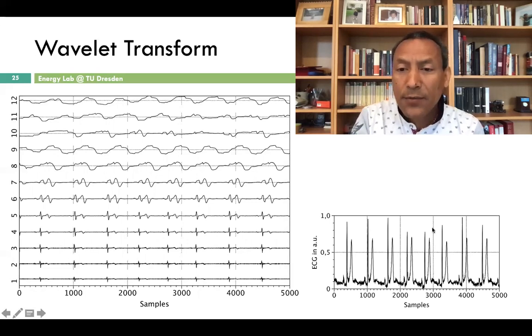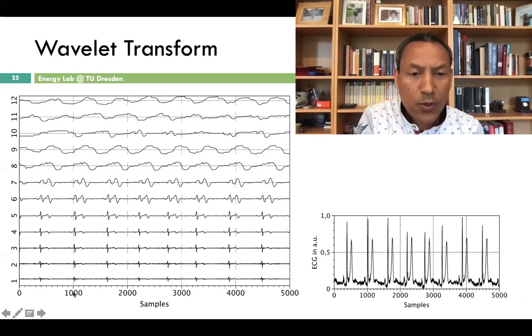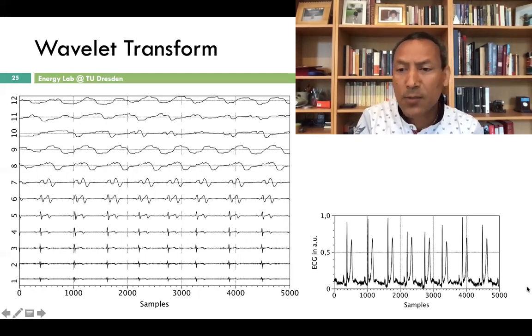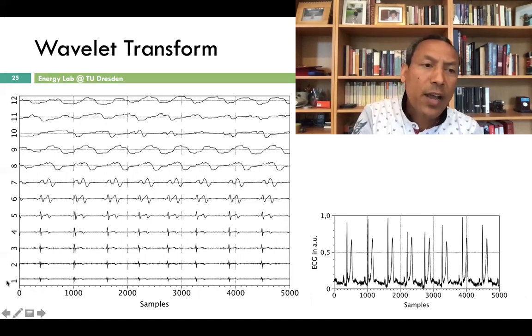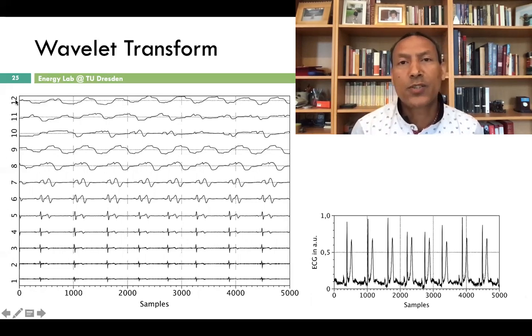So if we have this time series data, we can apply wavelet transform to get this two-dimensional data. So this one gives you the time aspect, but this one now gives you the frequency aspect of the signal.